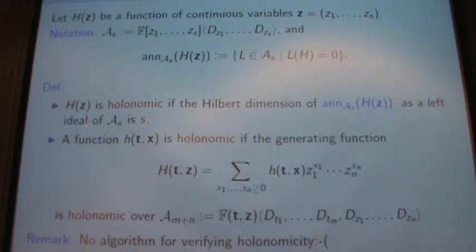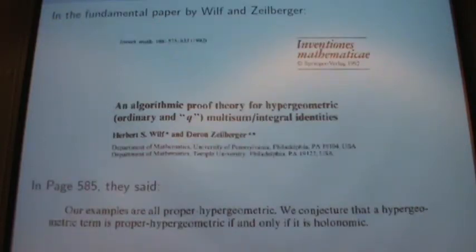This is a very theoretical definition of holonomicity, and for the moment, for any given function, there is no argument to verify this property. But amazingly, you will see in the paper by Wilf and Zeilberger in 1992, which is also a very fundamental paper, now called the Wilf-Zeilberger method.